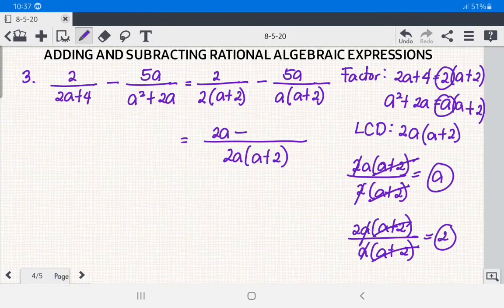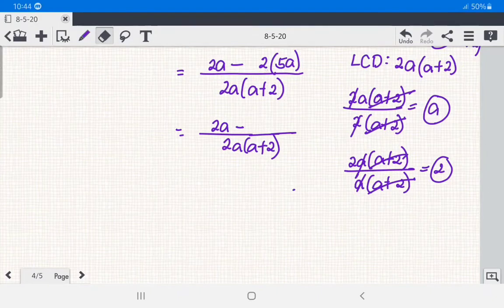Then you're going to copy 2 times 5a. Then we have here 2a times a plus 2. This one, we have 2a minus 2 times 5a. So we have 10a. Then 2a minus 10a is negative 8a.